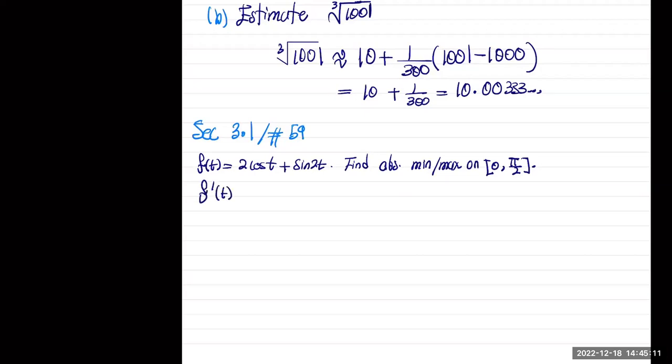F prime of t is equal to, and I know what to do next with this question. This would be a good question, actually. I might not ask you an absolute max min question like this one directly. I might ask you to, for instance, use this idea to find bounds for a definite integral.